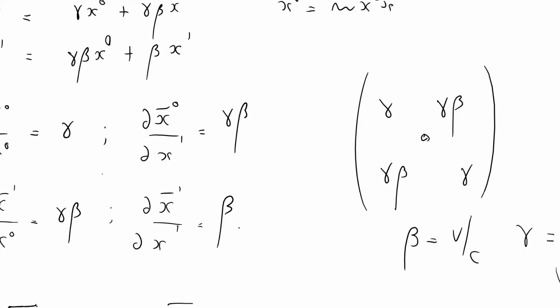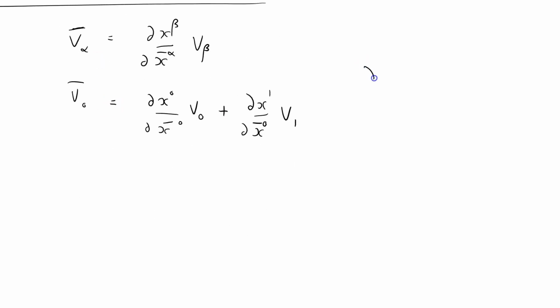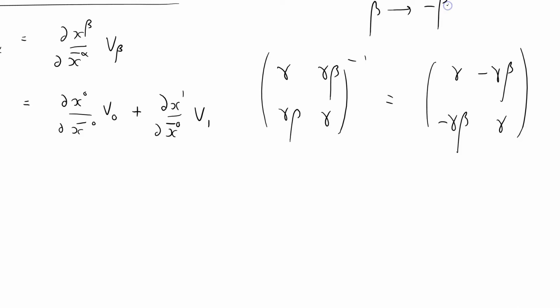I think I showed, as an exercise for the reader, that the matrix inverse of gamma, beta is gamma, minus gamma beta, minus gamma beta, gamma. That's obvious on physical grounds because beta has been replaced with minus beta. Of course that doesn't change gamma at all because it's a function of beta squared.